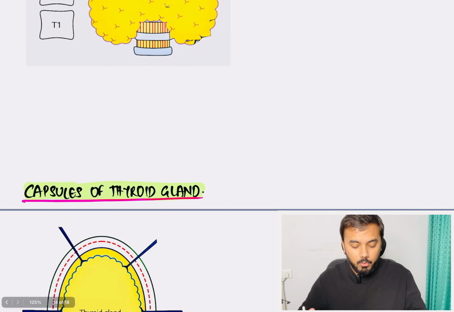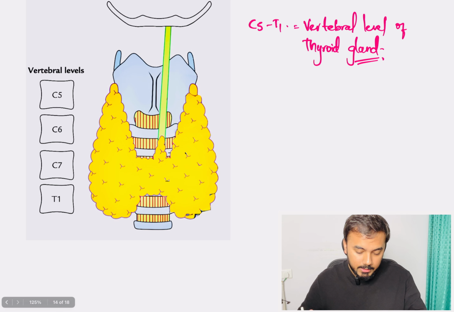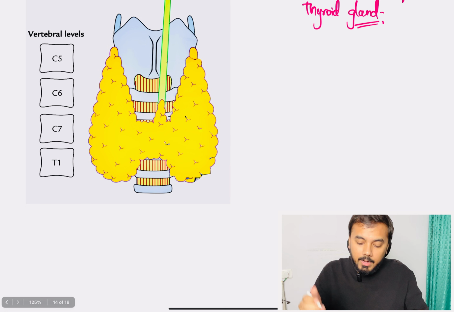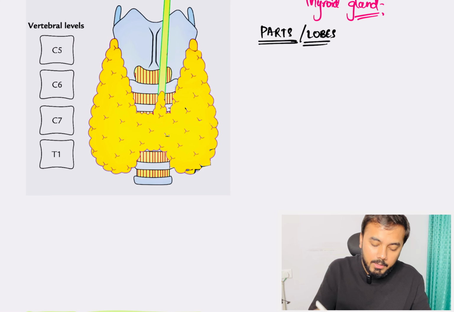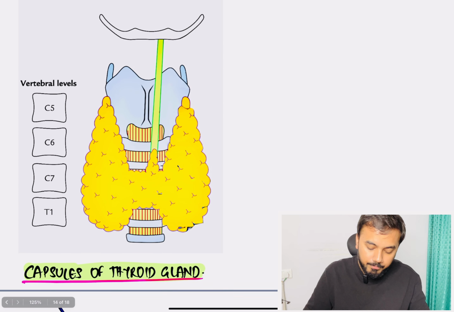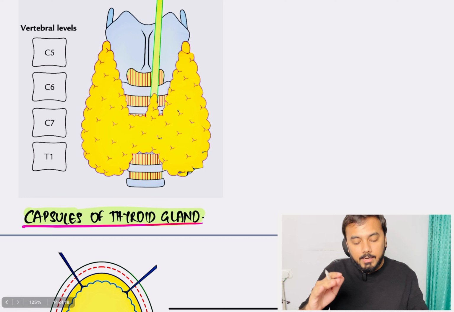Now let us discuss the lobes of the thyroid gland. What are the parts or lobes of the thyroid gland we have over here? Just look at this picture. First let me show it and then I'll write it.